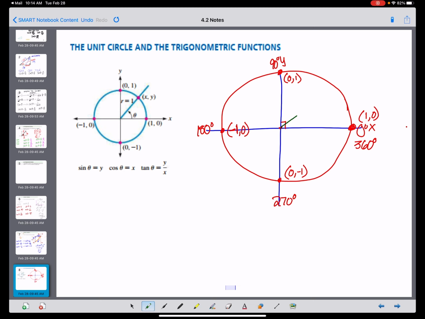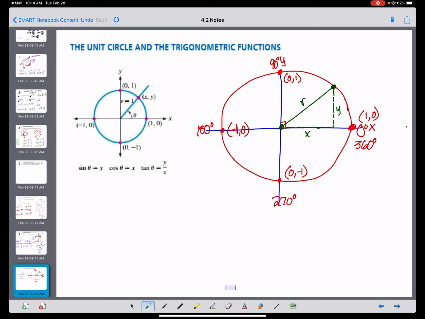Now, what's important about the unit circle is that if I create a triangle at any point on the outer edge and go down, I have an X value and a Y value, and that corresponds to a radius. That's why I call this R, the radius from the center of the circle to the outer edge.